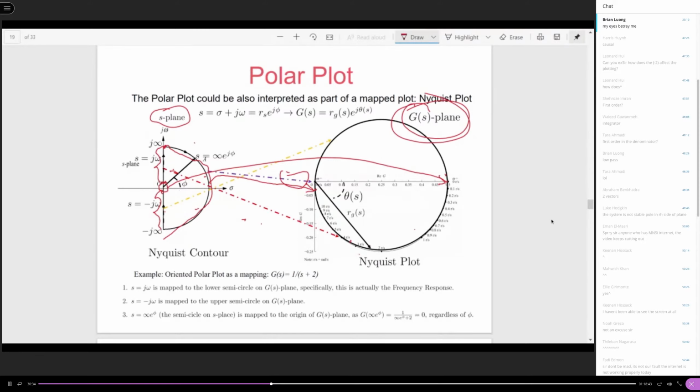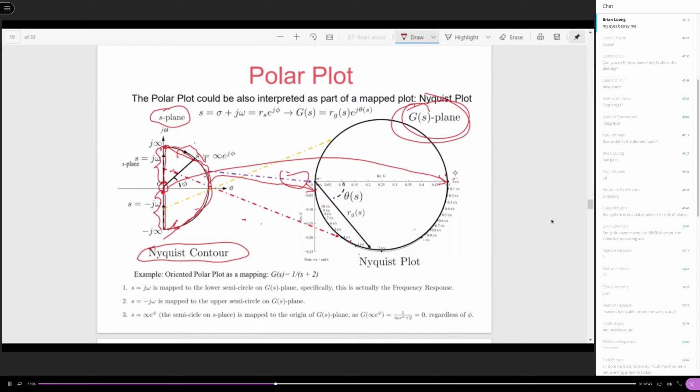So now let's go through this process once. Let's say my S point goes along the Nyquist contour once, clockwise. What you're going to see is, from minus infinity to 0, and then from 0 to j infinity.